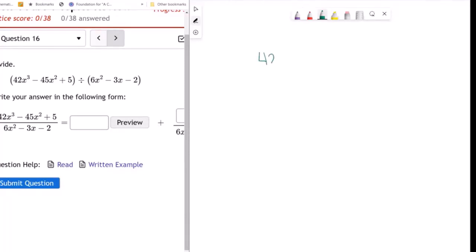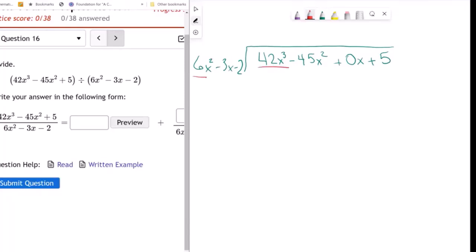Let's do this one too. We have 42x to the third minus 45x squared. Now, a lot of people like to leave a 0x here because there's some place to put it under if there's an x. And then we have 6x squared minus 3x minus 2. Again, leading term over leading term. 42 divided by 6 is 7, and x cubed divided by x squared is x.